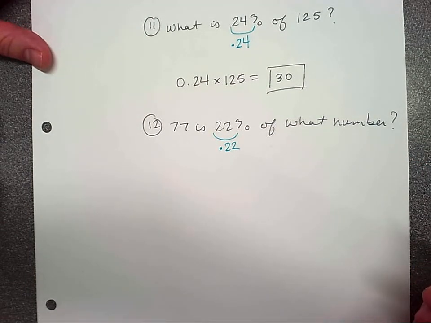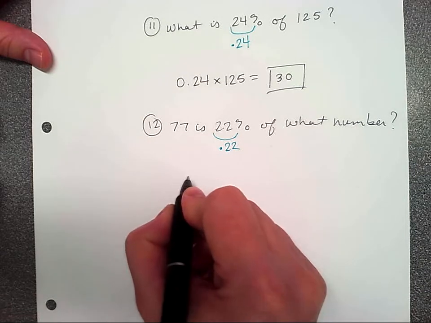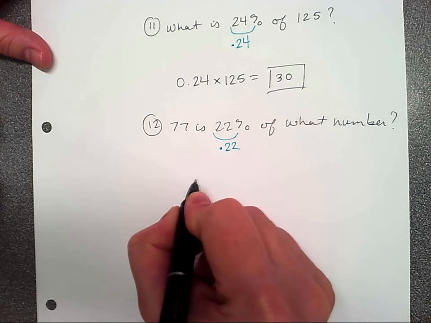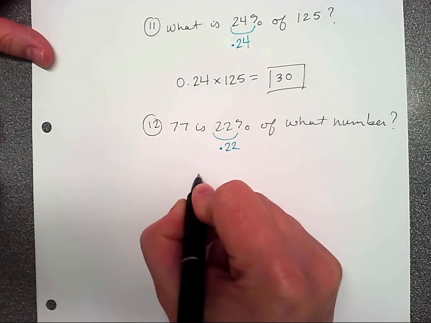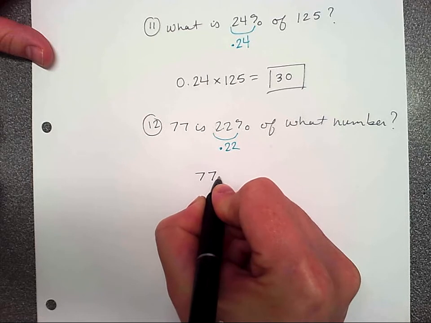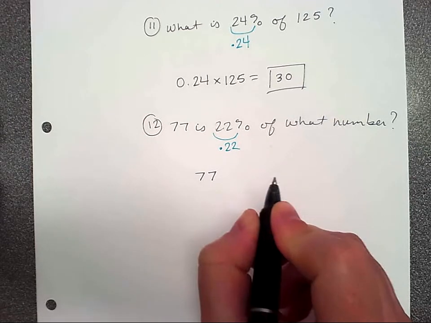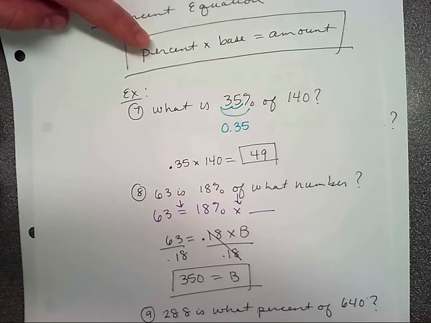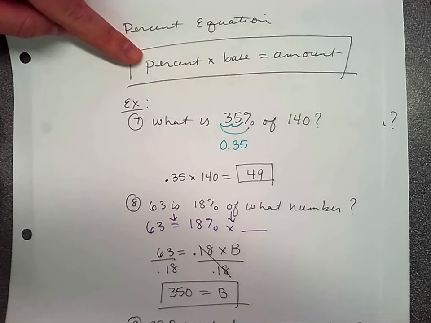Who can help? JP. Okay, can you tell me an equation to write? 77 divided by 0.22. Can you tell me based off of this formula that we started with? My first step, I'm writing it in this form every time.